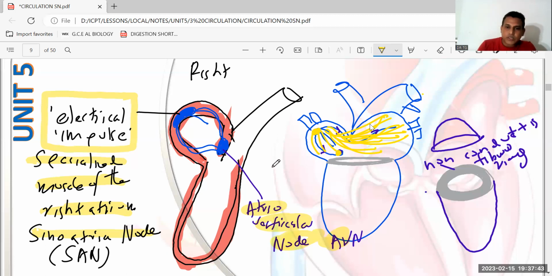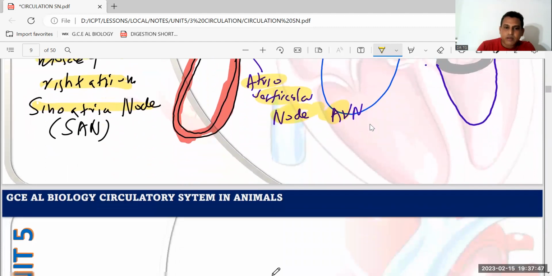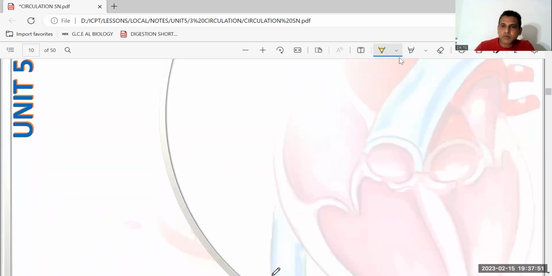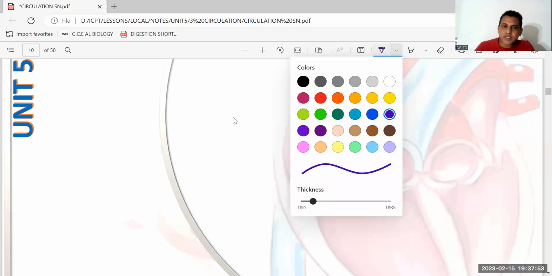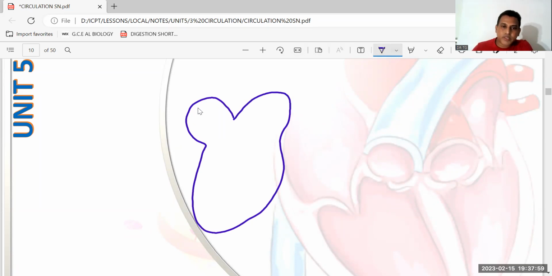So, to understand that, we need, again, the complete picture of this. So, this is the SA node. And this is the AV node.